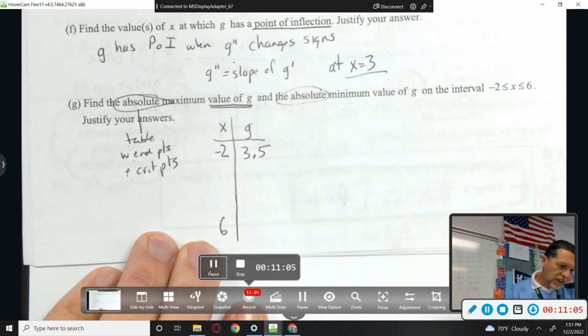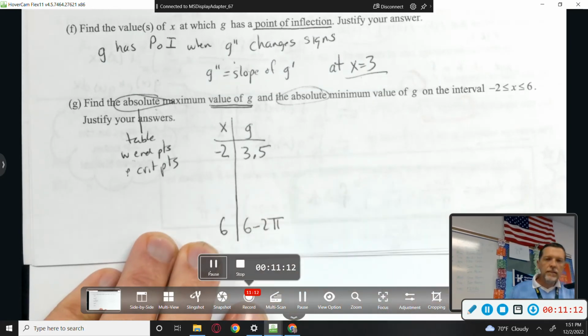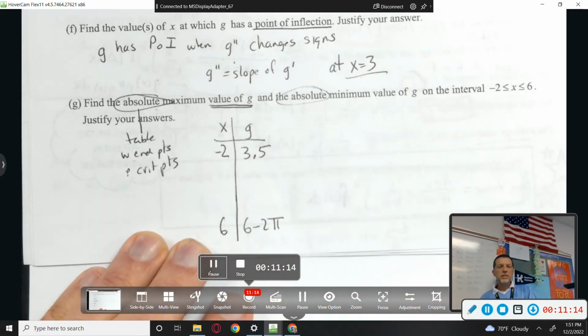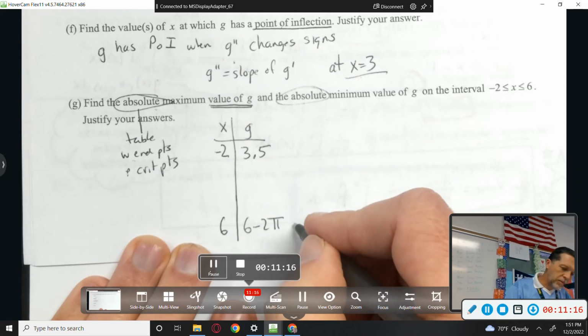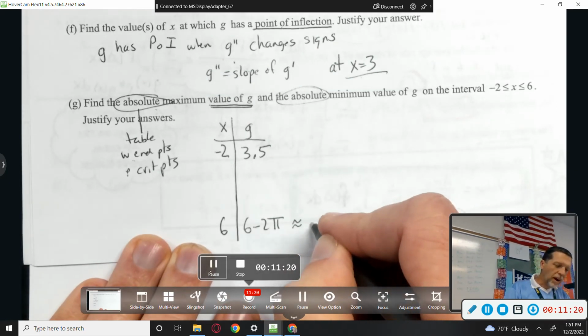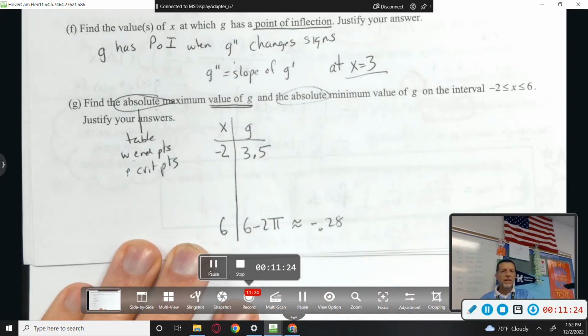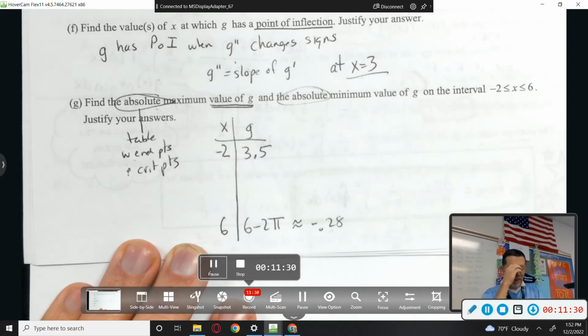G of 6 was, I guess I should clean that up a little bit, 6 minus 2 pi. That's 6.28, so approximately -0.28 if I need that. That's not the right answer, but if I'm comparing things, I might need that.